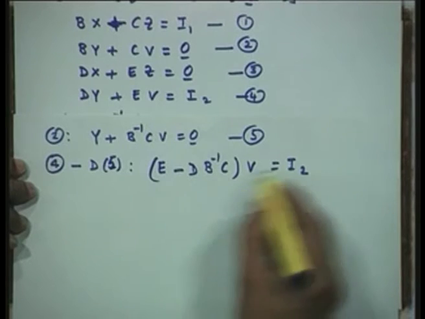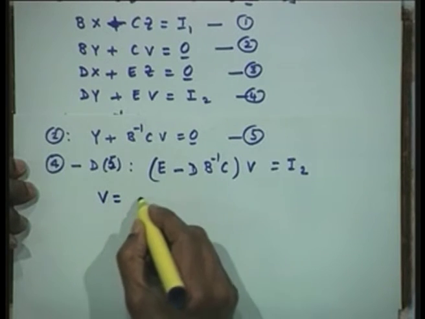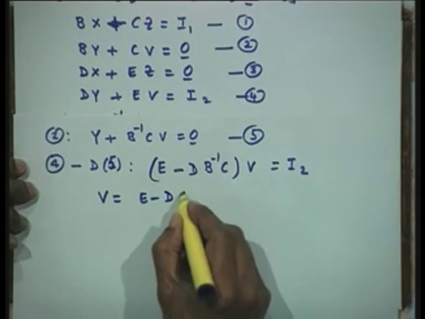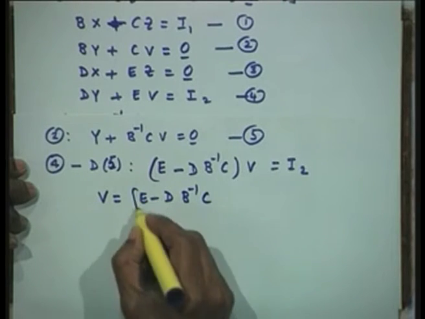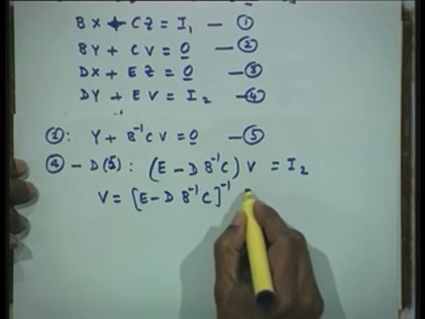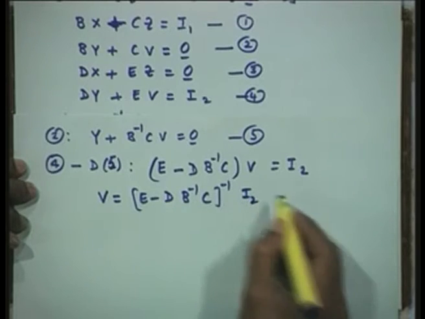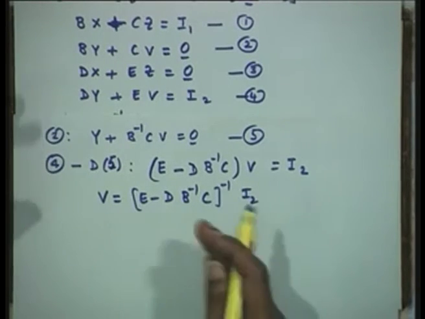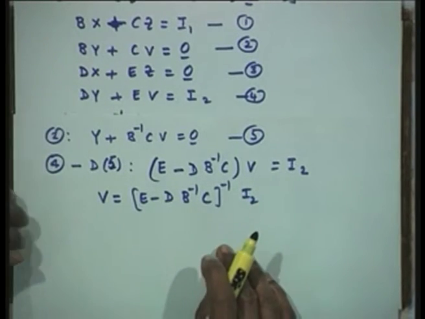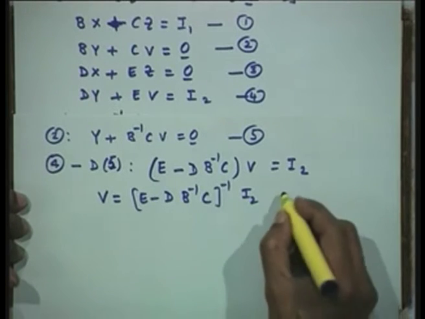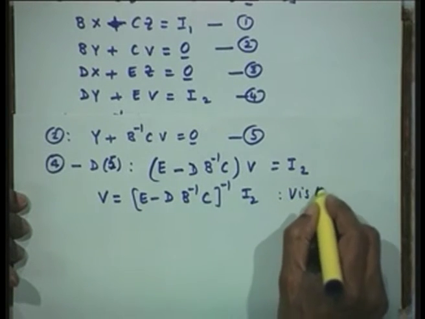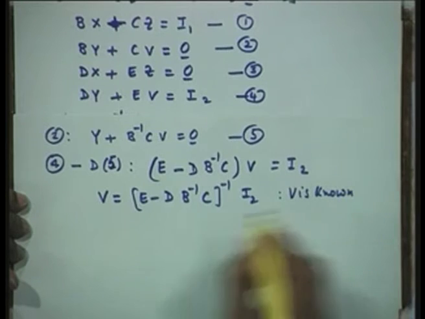Now this goes to the right hand side, therefore V is equal to E minus dB inverse C, inverse. This is I2, I can throw away the I2 because it is multiplying by the identity matrix. Therefore V is known.